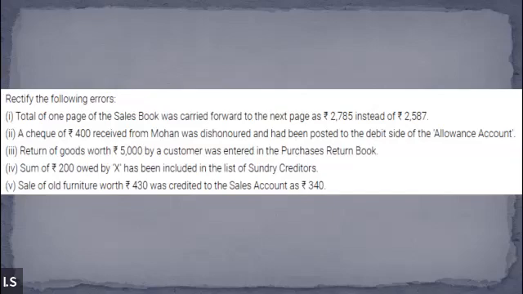Sales return has which kind of balance? Debit. So we will have to debit the sales return as well. So till now two accounts need to be debited: purchase return account and sales return account.